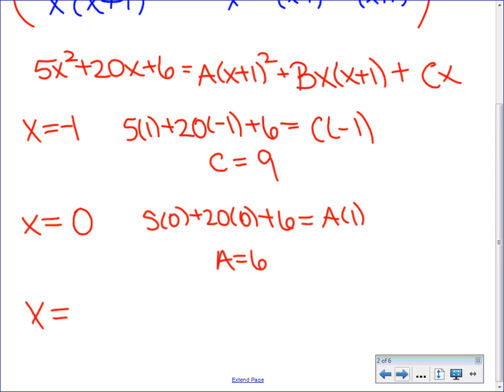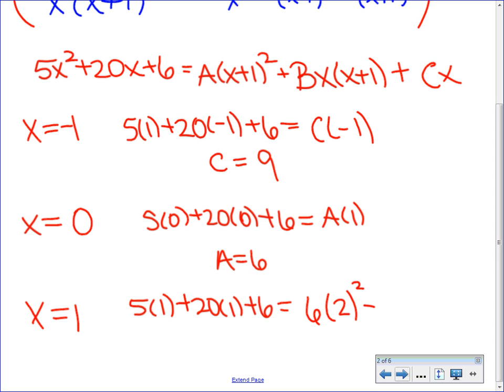So when x is 1, we have 5 times 1 plus 20 times 1 plus 6. This becomes a times, well, we know what a is, don't we? A is 6 times 2 squared. Plus, we don't know b, but b is times 1 times 2.